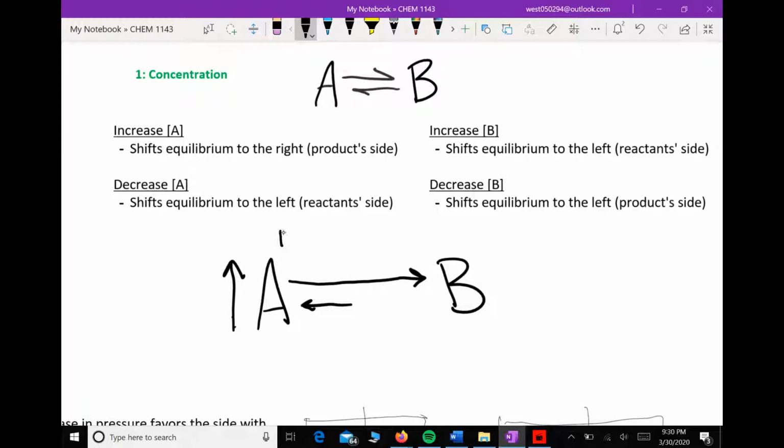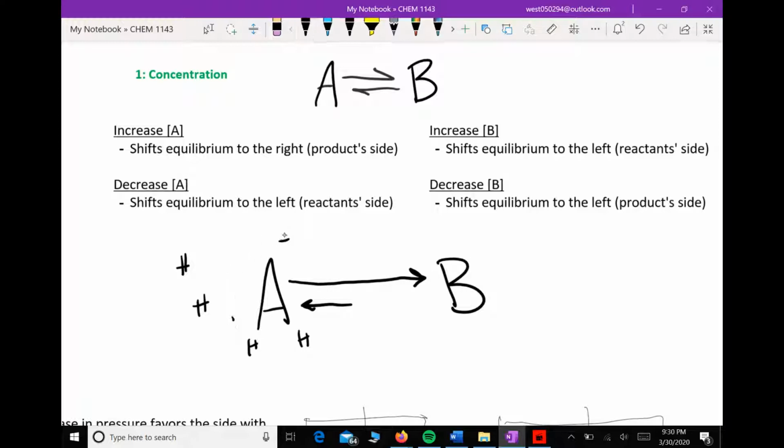So if you increase the concentration of H, you have many more protons, and that reaction will shift so that it has more protons to give to the product side.